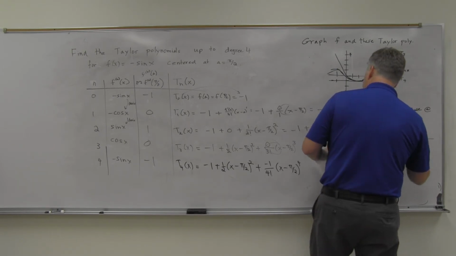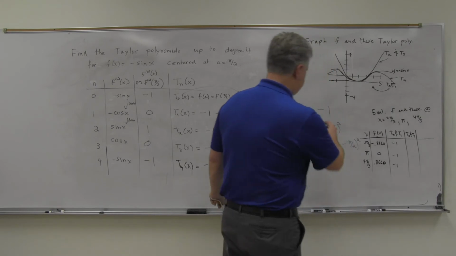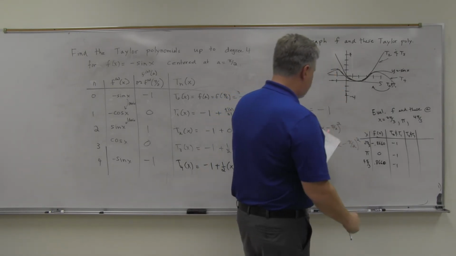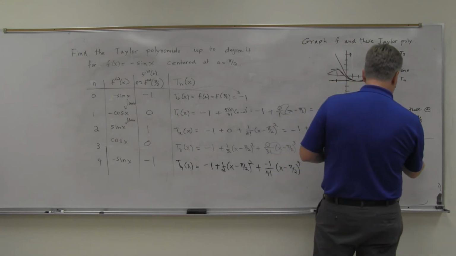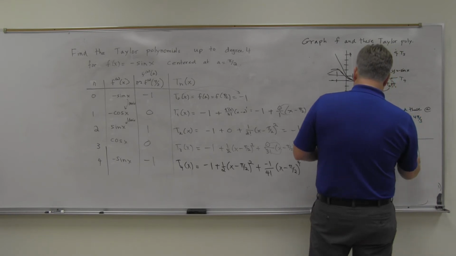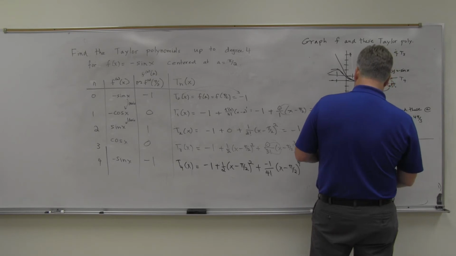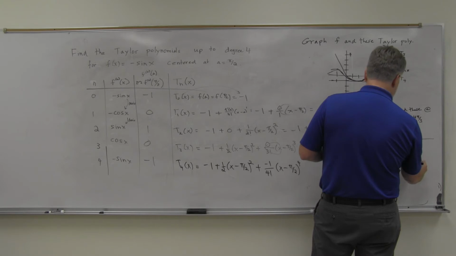It just so happens those two are the same, right? Because the n equals 3 term was 0. Anyway, if you plug those in, you get negative 0.8629. At pi, you get 0.2337. And then at 4 pi over 3, you get 2.4269.